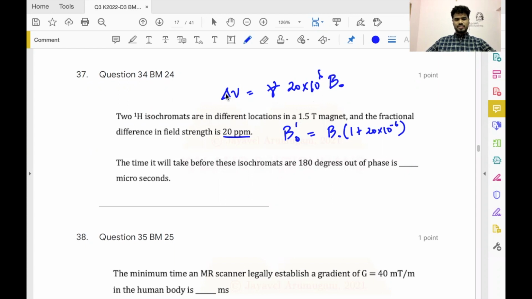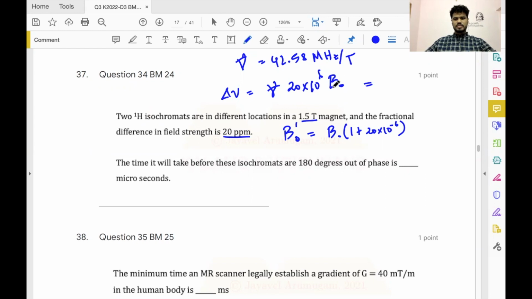And we want the frequency in which units? If you want to retain the frequency, if you use gamma dash as 42.58 megahertz per Tesla, okay, this is in Tesla. So we should get this answer.